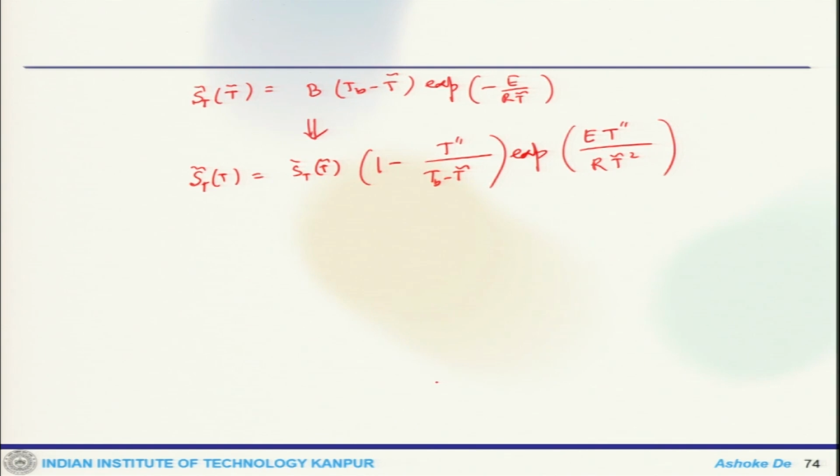Now the typical value of this term, this T fluctuation by T, lies between 0.1 to 0.3. These are some typical values, but it is not necessarily going to be.